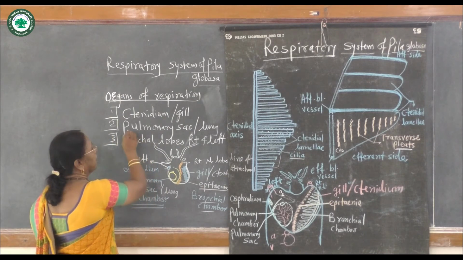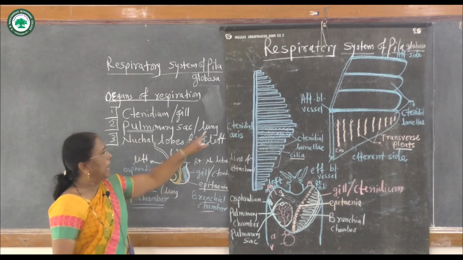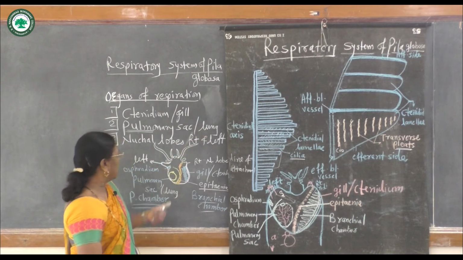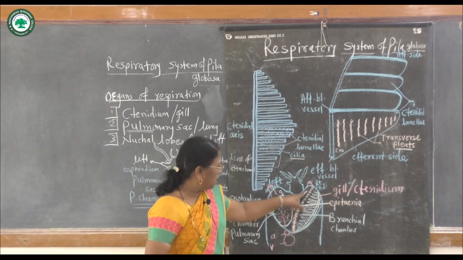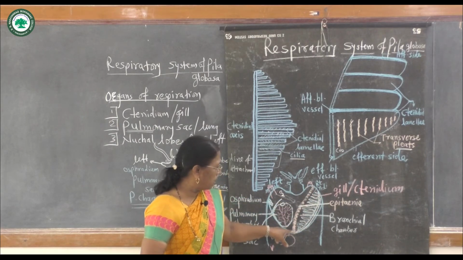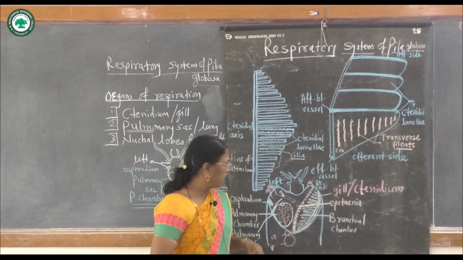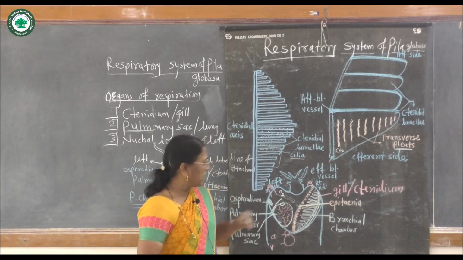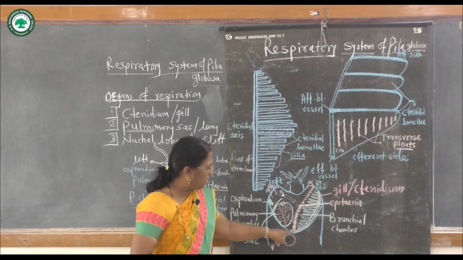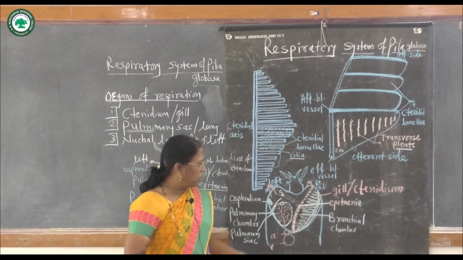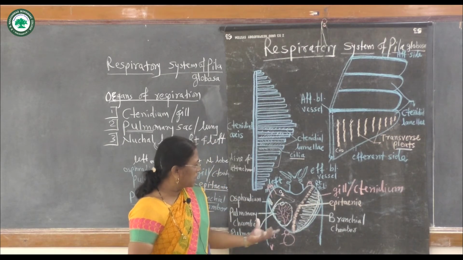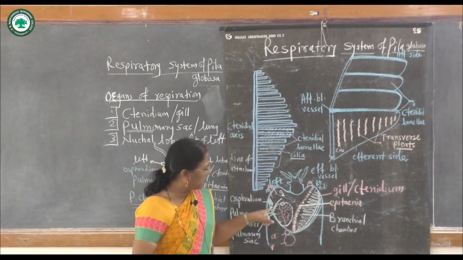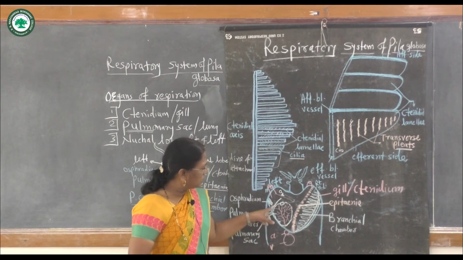Then we will see the pulmonary sac or lung, which is present on the left side of the body. Here you can see this is the large pulmonary chamber. This is the small right branchial chamber in which the gill or ctenidium is present. Due to the epithenia, the mantle cavity is divided into two chambers: the right small branchial chamber and the left large pulmonary chamber, in which the pulmonary sac is present.